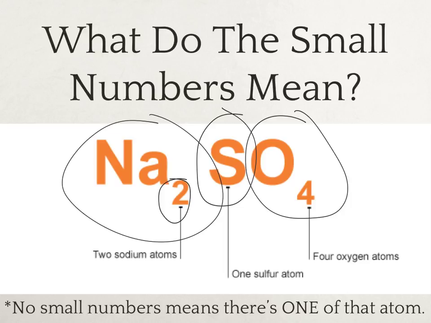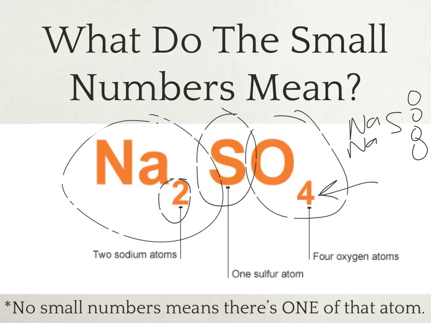It's like you have two Nas, one S, and four oxygens, all bonded together to make this compound. So if you don't see a small number like the 2 or 4 here, as in there's no number right after the sulfur symbol, that means there's just one of that atom.